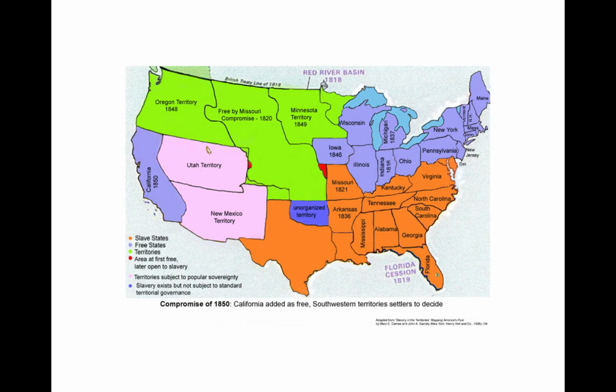But what we've seen so far is that expansion, manifest destiny, is an issue that, although on the surface it unites the country, in practice divides it by bringing back to the surface the issue over slavery. A political system that doesn't want to deal with slavery keeps having to deal with slavery every time the country gets bigger.